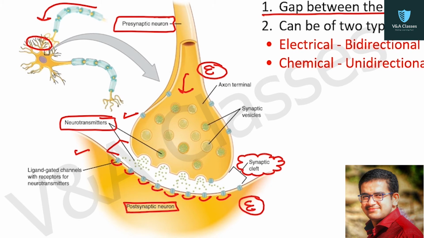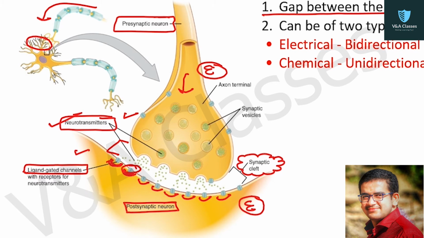Now these receptors which are present on the postsynaptic neurons are called ligand-gated channels. Why are they called ligand-gated channels? Because these channels will open only when a ligand, in this case a neurotransmitter, gets attached to these receptors.